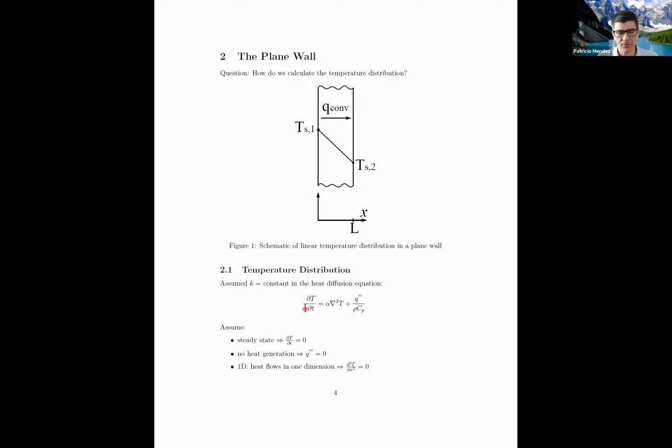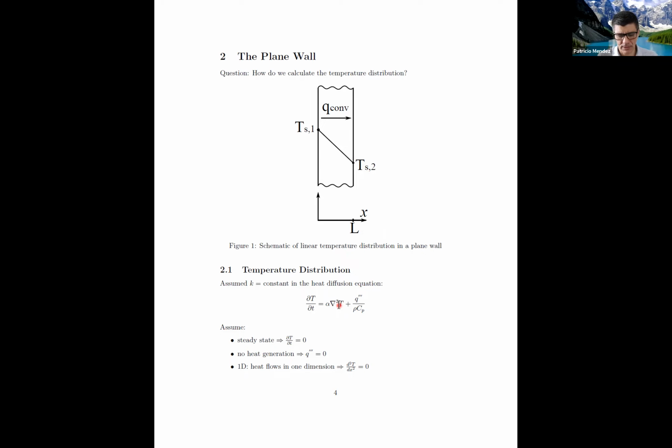So we said, for the case of a wall, let's consider the transient case. Let's consider no heat generation, which we could if we wanted, but we don't want right now. And we end up with this Laplacian equals 0. But we went farther because we said, in the wall, if the two sides of the wall have different temperatures, but the temperature is uniform on each face, then the heat goes across the wall, but not in the plane of the wall.